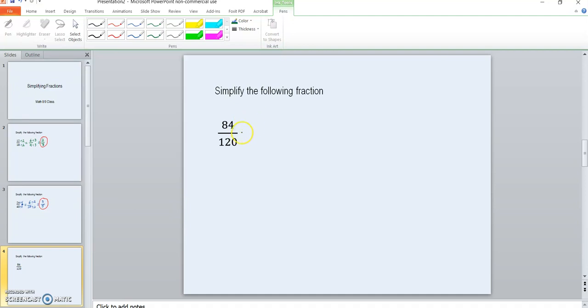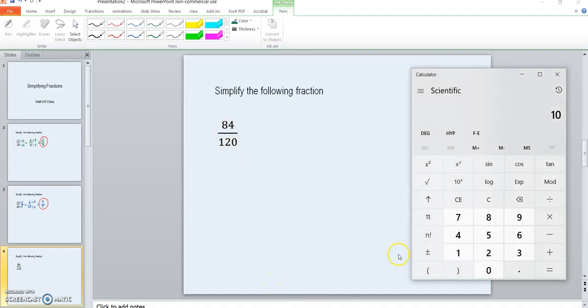In this case, we are going to divide by 2. So I'm going to get out my calculator: 84 divided by 2 is 42, and 120 divided by 2 is 60.